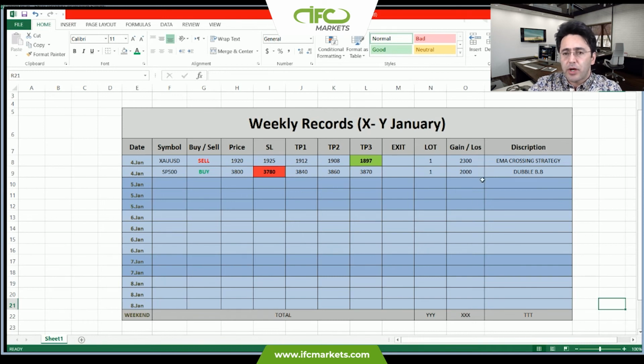You have to write everything down, and at the end of the week you can just see what happened in the last week. You can analyze them and see which one of your strategies worked better, and how you can find your mistakes, how you can improve your positive points, and how you can decrease your negative points. These are the stages in which you can create your own strategy.